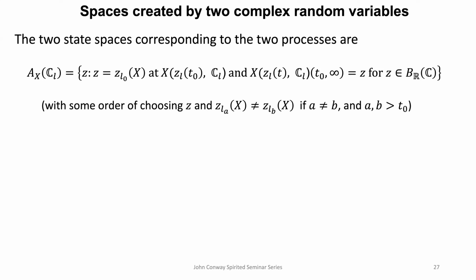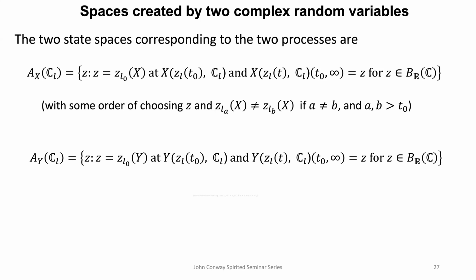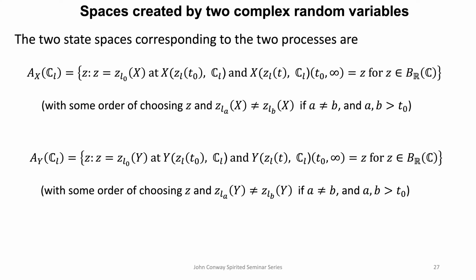So A_X(C_L) and A_Y(C_L) are the two complex state spaces on the contour. We call it a state space instead of an ordinary space, though we can call it space also, because the random variable hops from one state to another state.